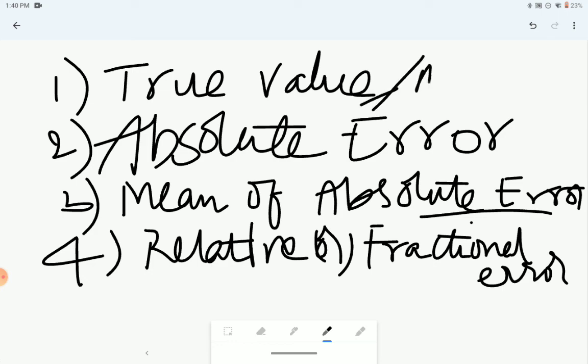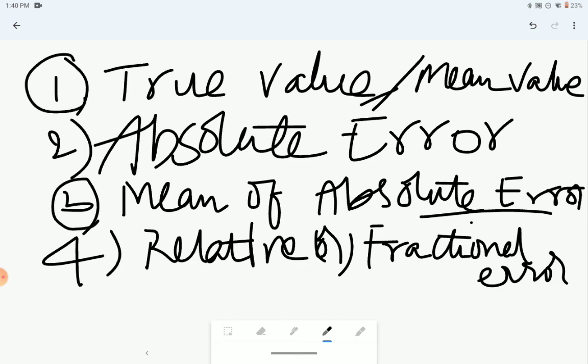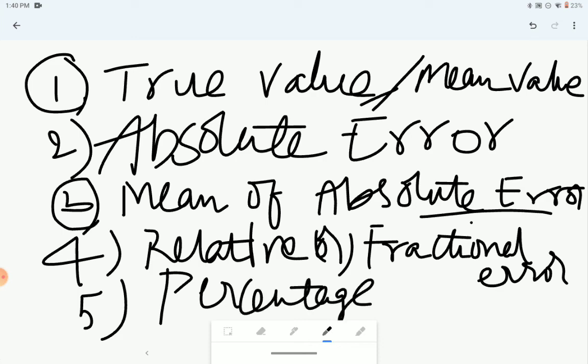And the fifth, the last one, is percentage error, which is this relative or fractional error into 100%. This is the percentage error required to do problems. These are the basics required for errors.